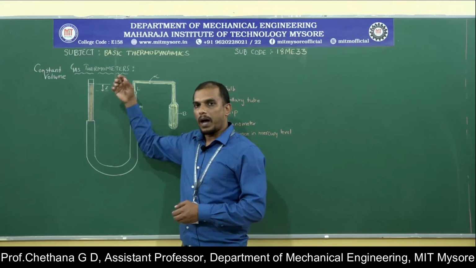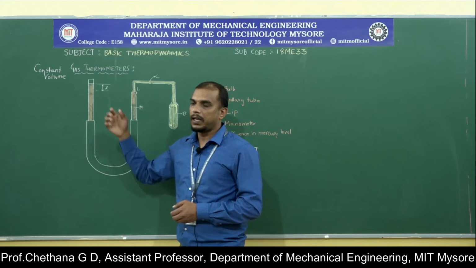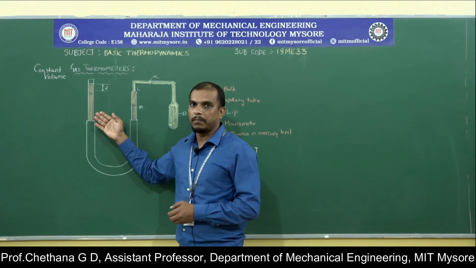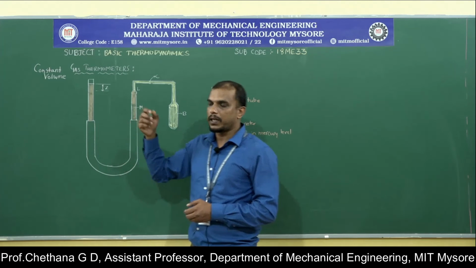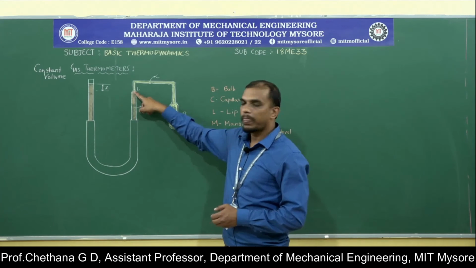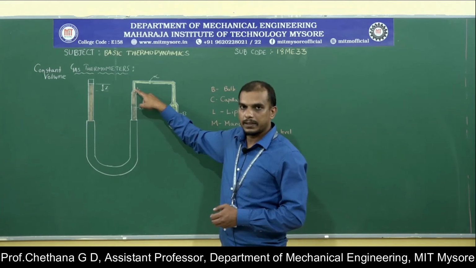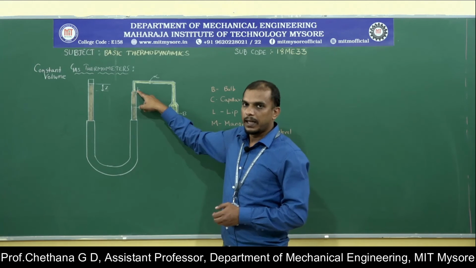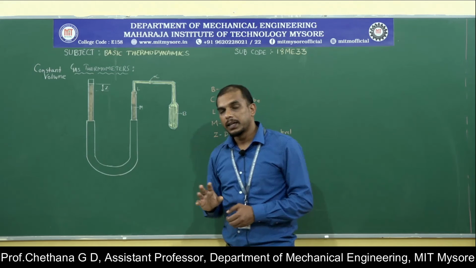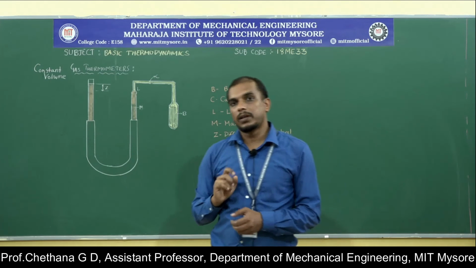We just adjust the left side of the manometer. If you lift it up, you make it such that the mercury in the right side again touches the lip L, such that the volume is constant.